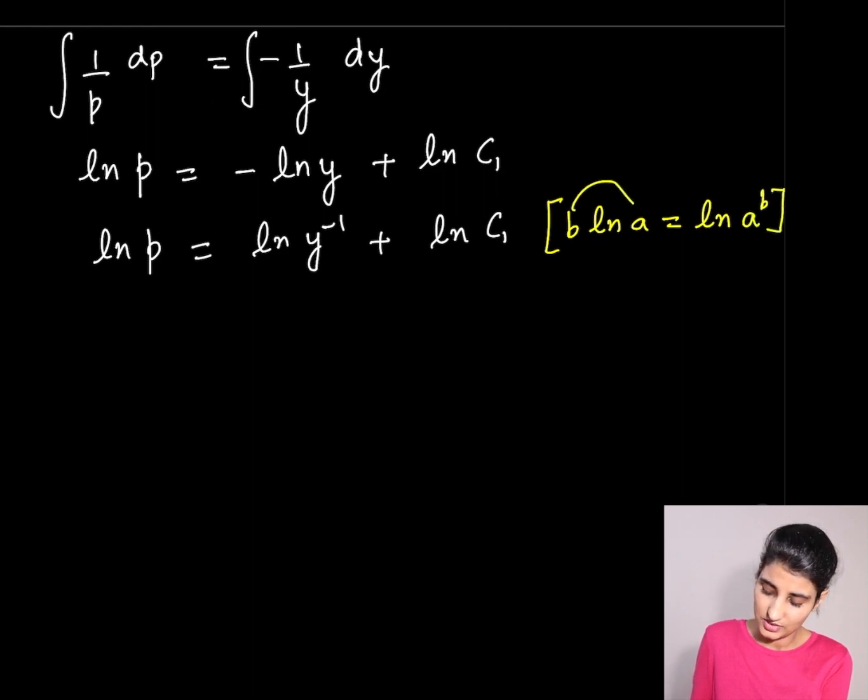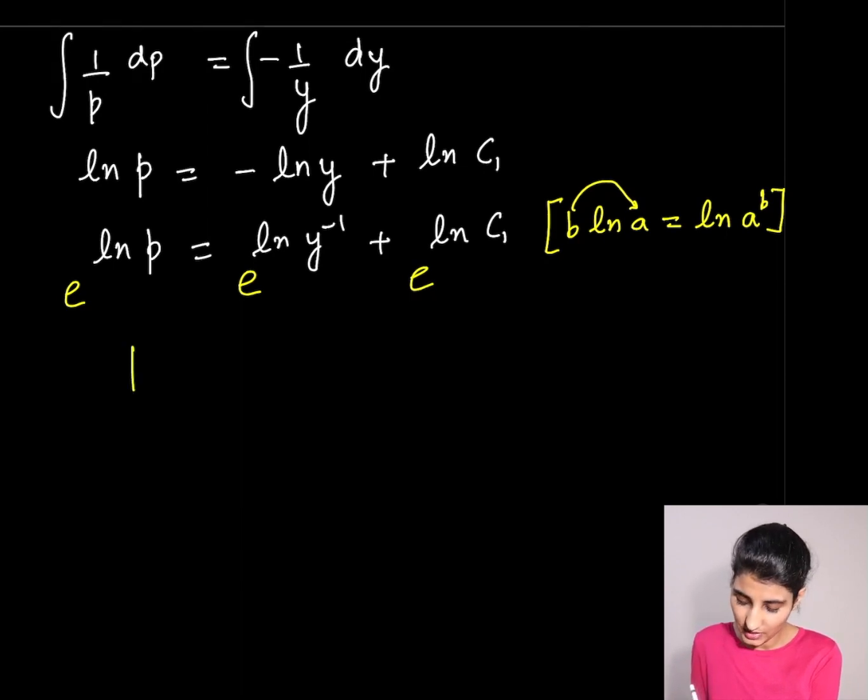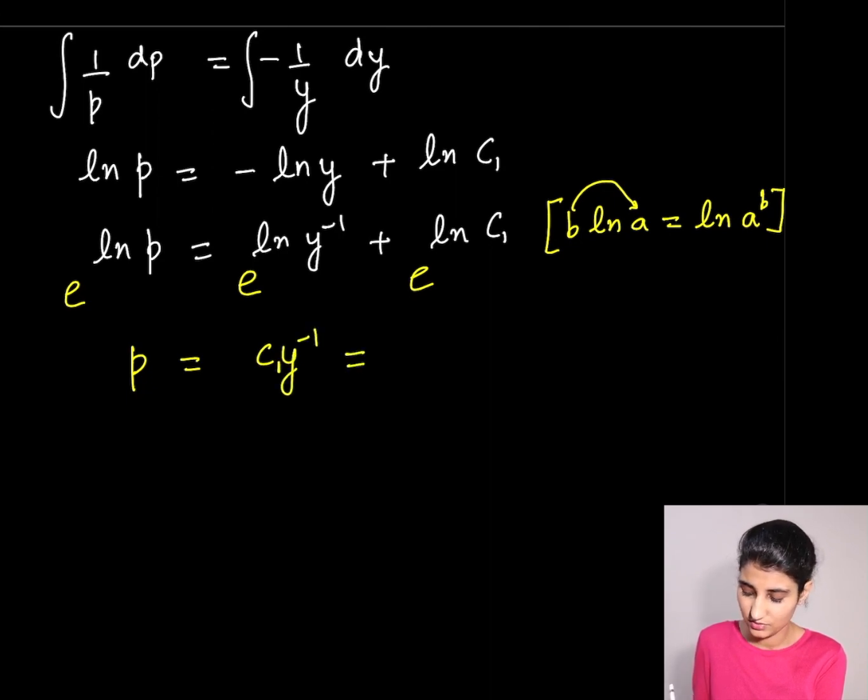This basically moves into the power. Okay, then we take the exponential both sides and we will get p is equal to c1 times y inverse, c1 over y. So we got the value of p.